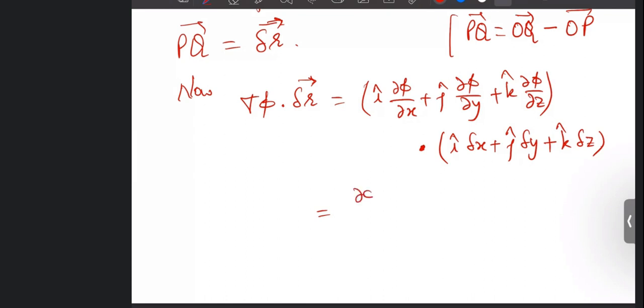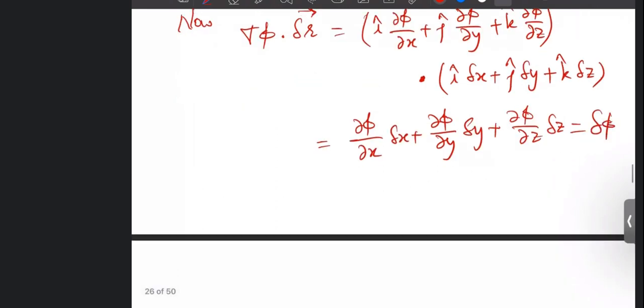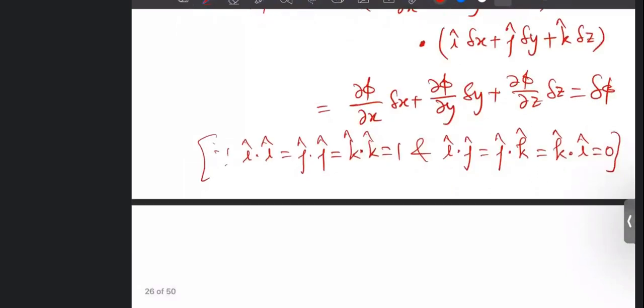Only these are left behind: the partial of phi with respect to x times delta x plus the partial of phi with respect to y times delta y plus the partial of phi with respect to z times delta z, which is symbolized as delta phi, because i dot i equals j dot j equals k dot k equals 1, and i dot j, j dot k and k dot i all become 0 because the angle between them is 90 degrees.